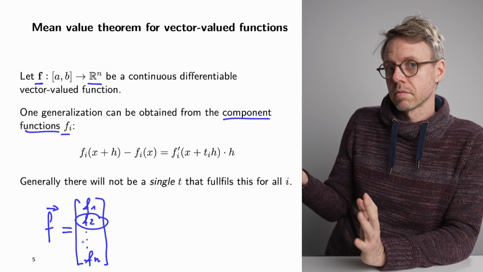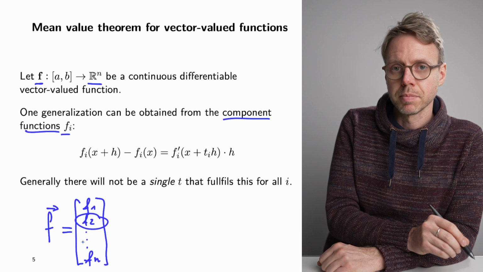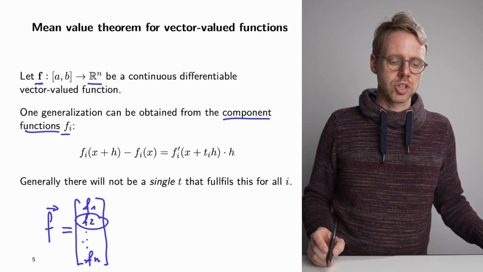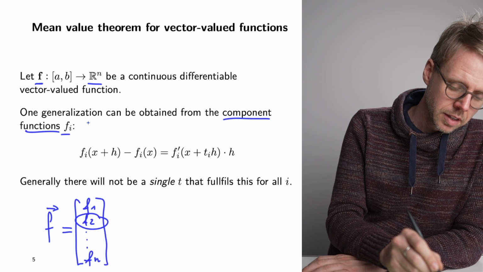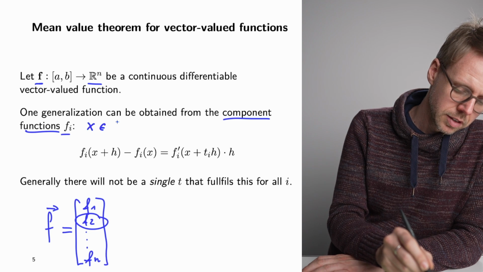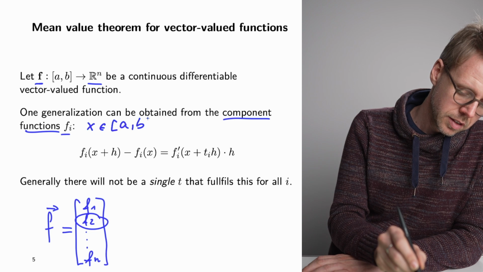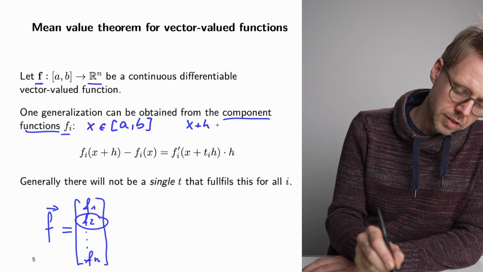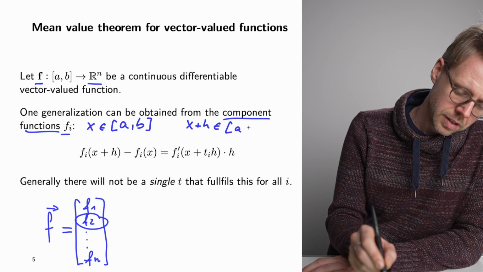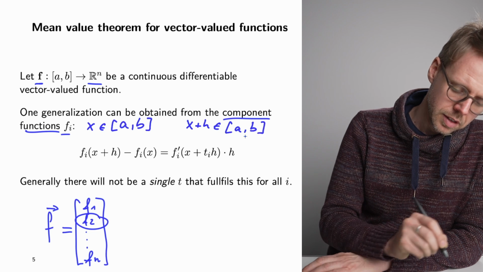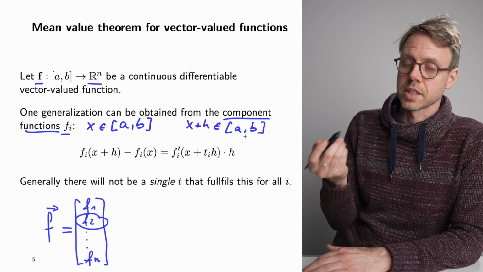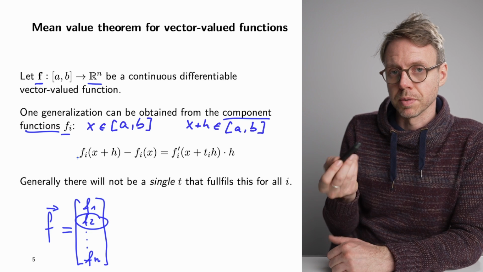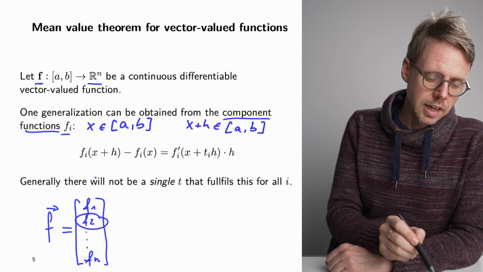In this case, we can just apply the standard mean value theorem, because this component function is again a normal univariate function. Now if we pick x from this interval and x plus h also from this interval, then we can apply the standard mean value theorem to this component function, because we have a normal scalar function.